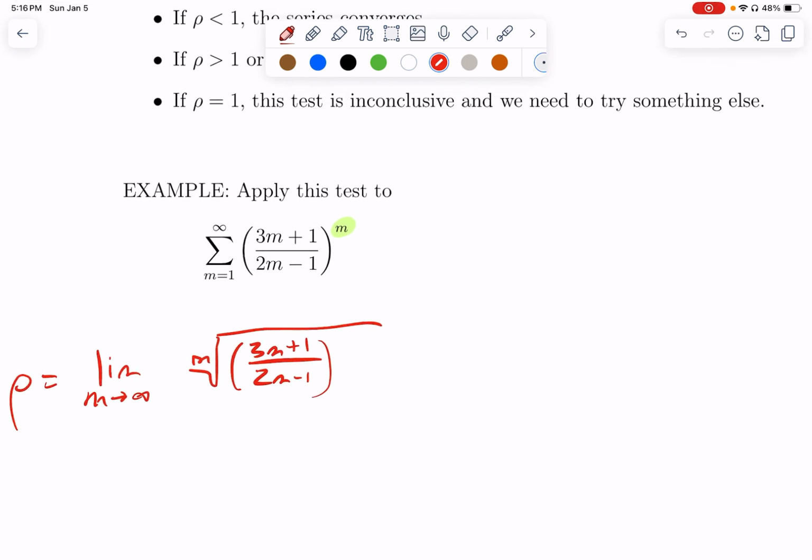For all of these, I probably should label it rho. I'll make more of an emphasis on that for others. It's more important when we start applying it to series. So the power and the root cancel, and so rho here is the limit as m goes to infinity of 3m plus 1 over 2m minus 1, which is 3 halves. So this is behaving like a geometric series with r equals 3 halves. So this diverges.